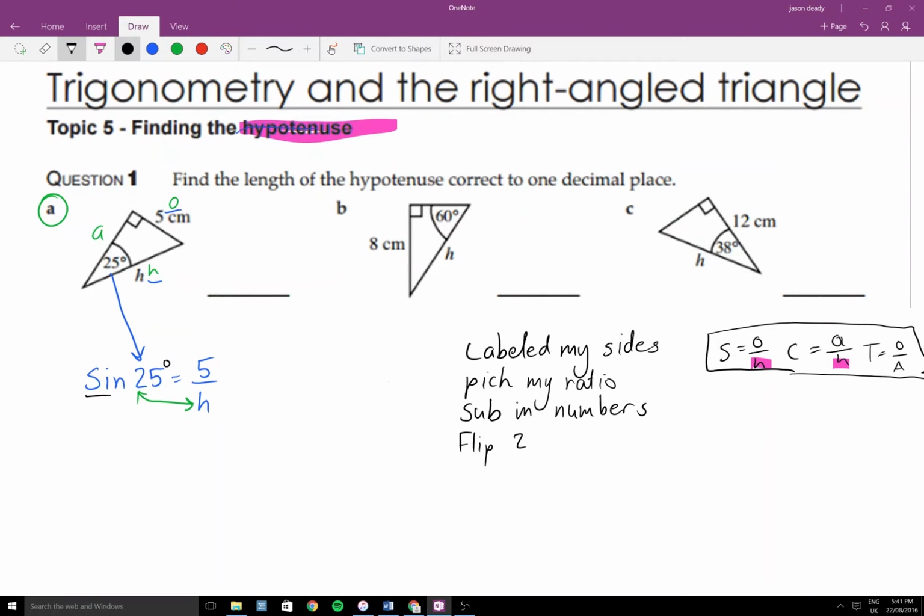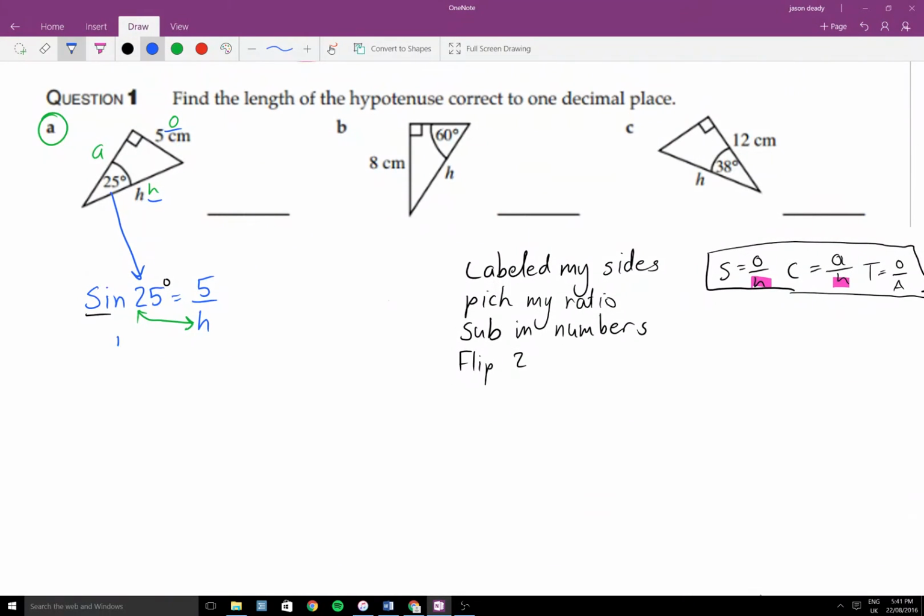And then we go h equals, so I'll give myself a bit more space. H, the hypotenuse, equals 5, because the hypotenuse goes where the sine 25 was, over sine 25, because the sine 25 goes where the h was.